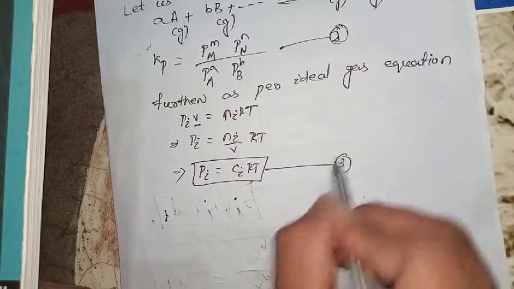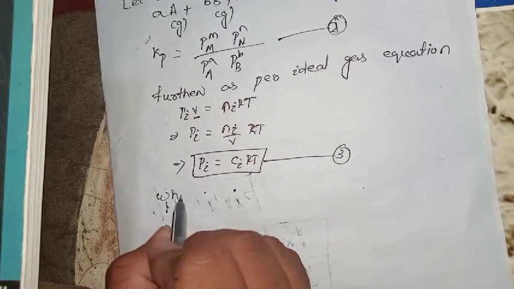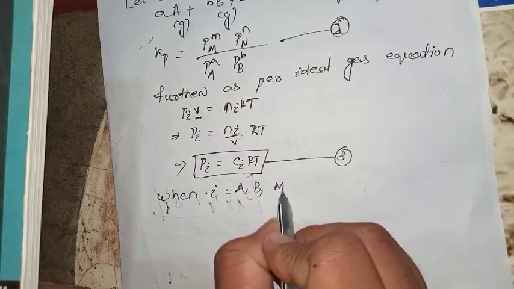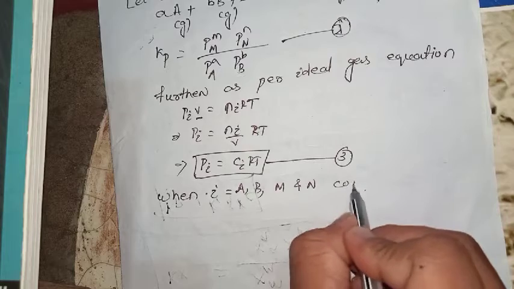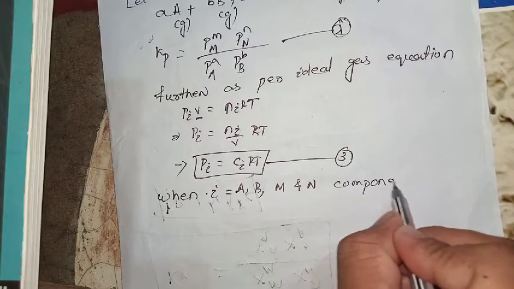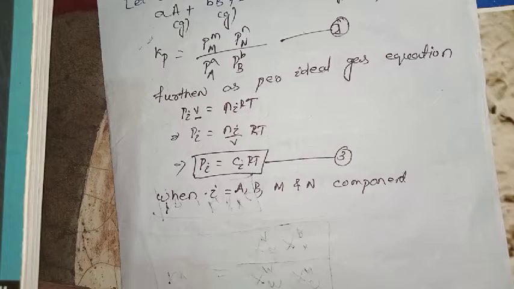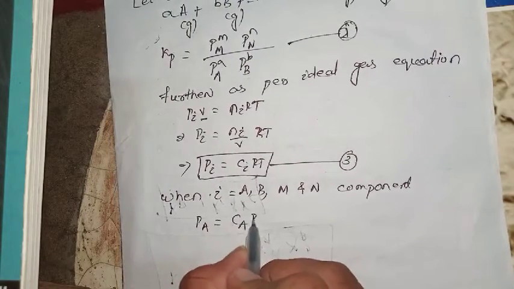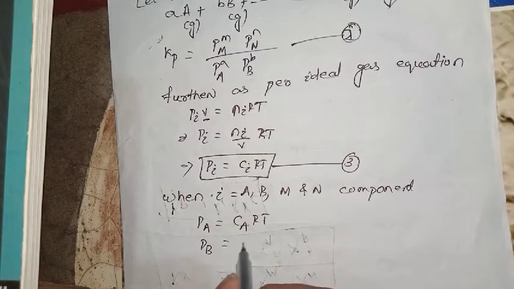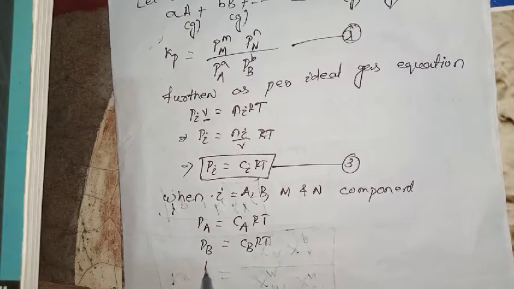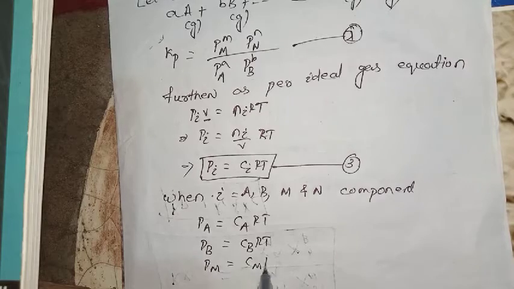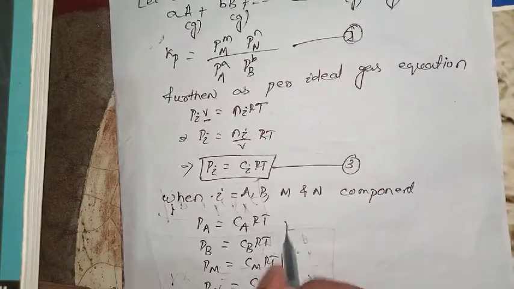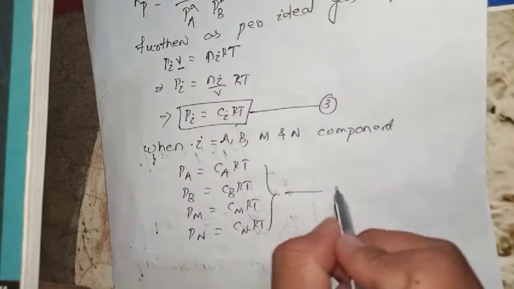Here i is equal to the components A, B, M and N. We have to find this for all the components, so Pa is equal to CA RT, Pb is equal to CB RT, Pm is equal to CM RT and Pn is equal to CN RT. We will take it as equation 4.